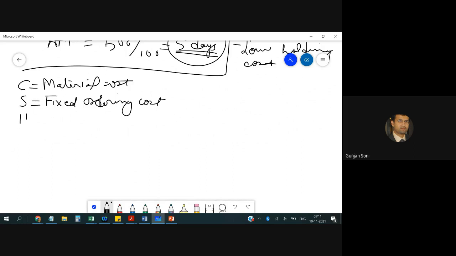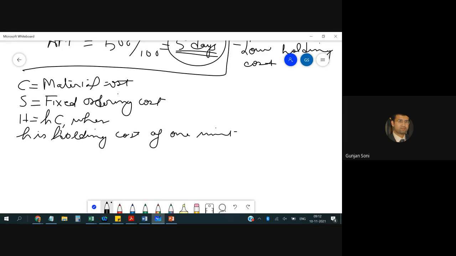And H is your holding cost, which is given by H into C, where H is the holding cost of one unit of inventory for one unit of time.